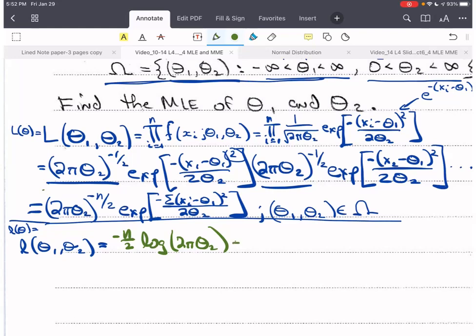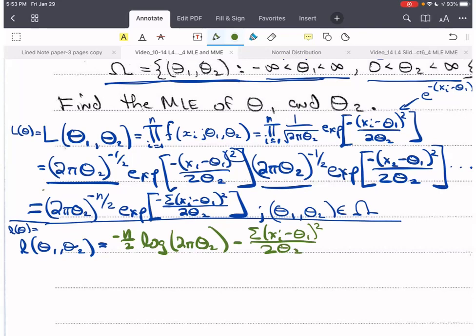So now it's a plus, and I have a log base e of e to this exponent. That's what's in the brackets. So remember that I'm just going to end up with what's in the brackets. And so this is going to be actually a negative. It's negative, so I'm going to go ahead and put a negative here. Sum of xi minus theta 1 squared over 2 theta 2.